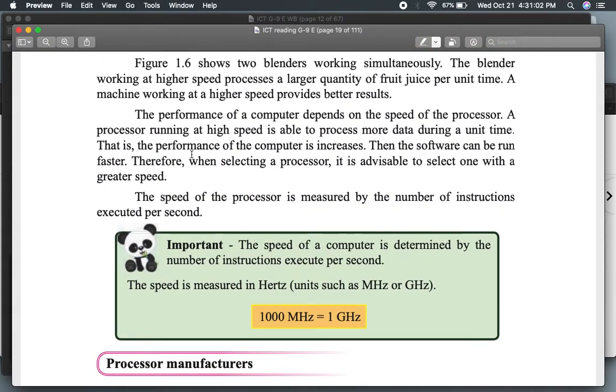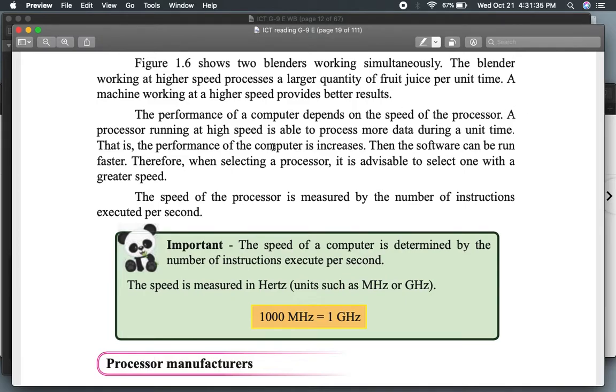The performance of a computer depends on the speed of the processor. A processor running at high speed is able to process more data during a unit time. So basically, if you take the example of the blender and compare it to that of a computer, the computer's performance depends on the speed of the processor.